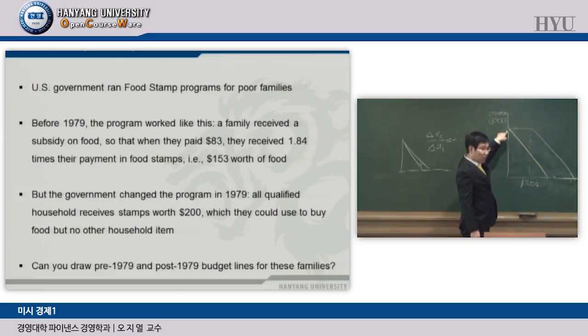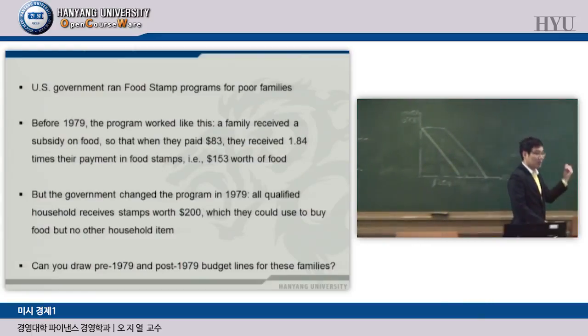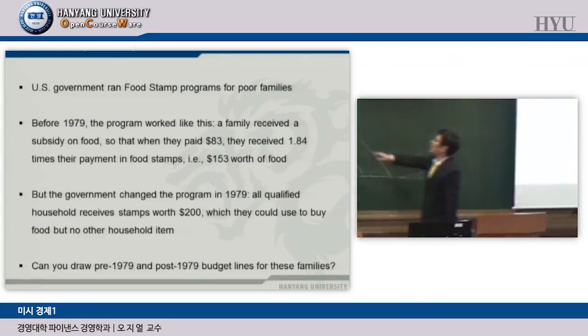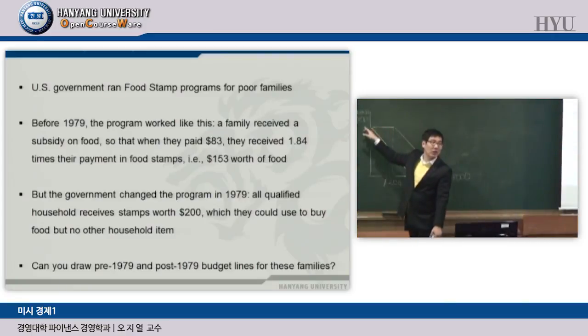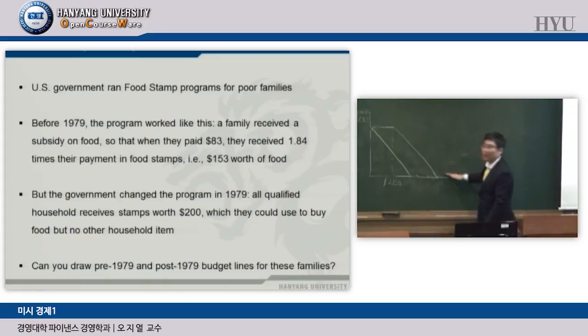If I'm consuming no food and all my income on other goods, suddenly a $200 voucher appears in my mail, and I can now use it to buy food, but not any other good. So I can't increase my consumption of other goods, but I can use this to buy food up to $200 or anywhere I want. But anything else hasn't changed, so everything else looks the same.